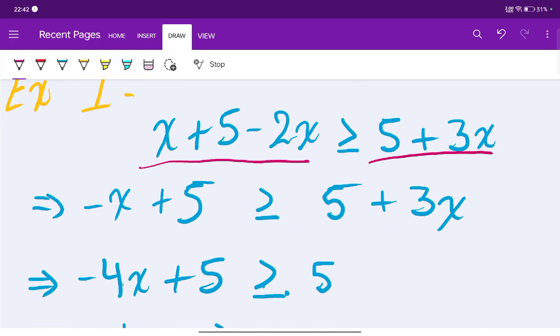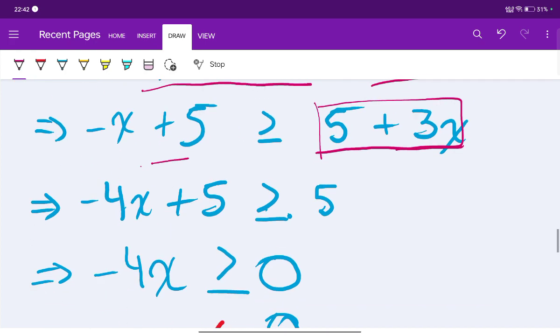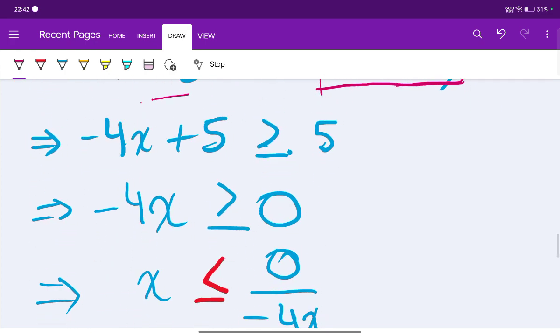Instead of writing x minus 2x, we can write minus x plus 5. And 5 plus 3x will remain the same.